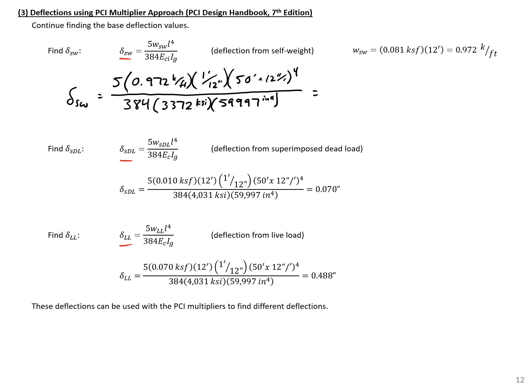So that'll give us a self-weight deflection of 0.676 inches, and this is downward.